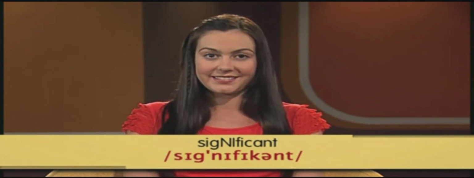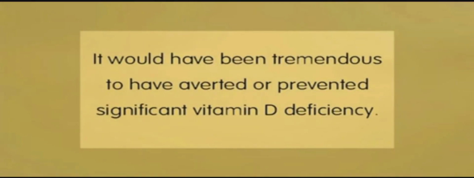Tremendous, averted, prevented, significant, vitamin, deficiency. Okay, now let's see what happens when we put these words back into a sentence. It would have been tremendous to have averted or prevented significant vitamin D deficiency.